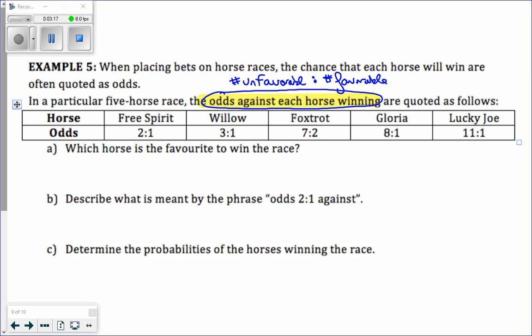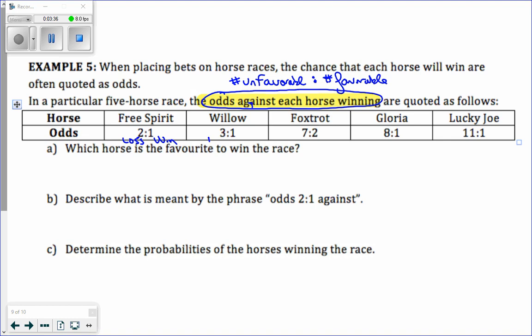So Free Spirit has 2-to-1 odds. So it's going to lose 2 times for every 1 win. This is the loss, this is the win, right? Because odds against would be losing.